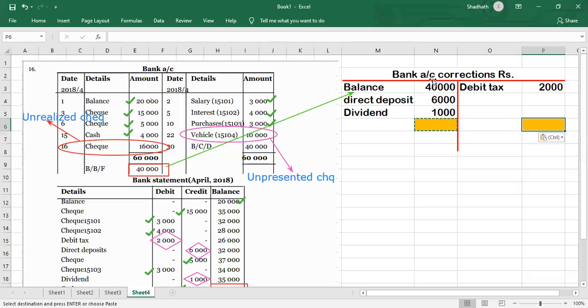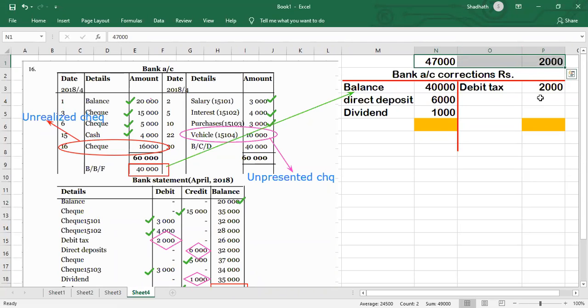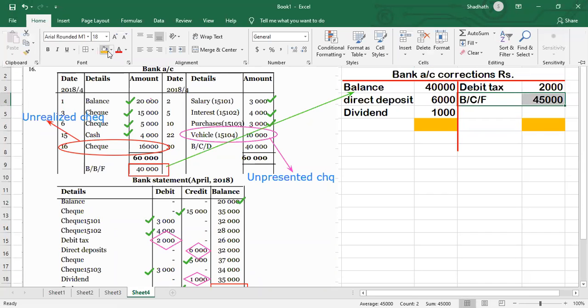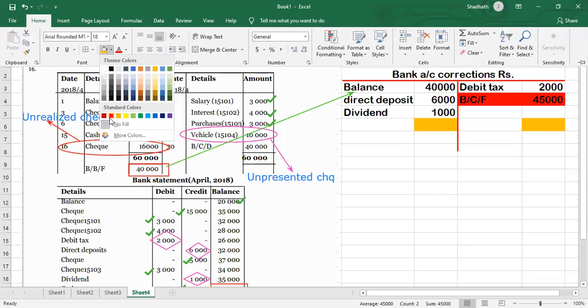46 plus 1, 47. I just roughly write it here, 47,000. This side you have only 2,000. This is rough work. So there is a shortage on the credit side, 45,000. That we call balance carried forward, 45,000.